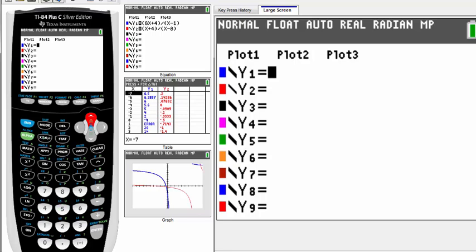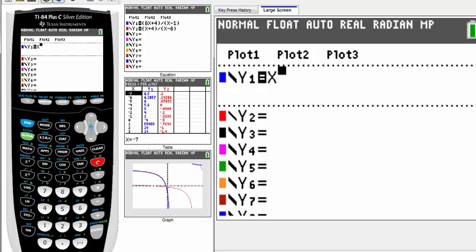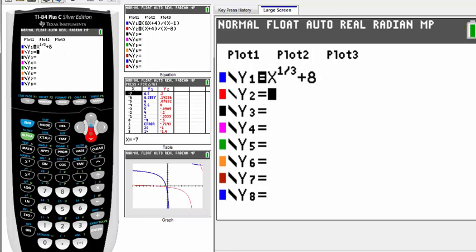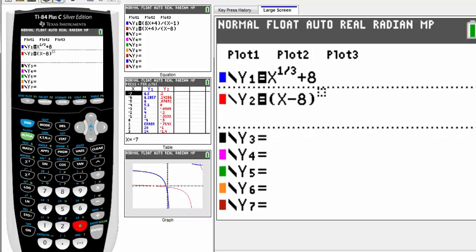So that would be x to the 1/3. And make sure you have your exponent in parentheses if you don't have your exponent key. And that's plus 8. And then my other function that we just found for my inverse was x minus 8, which has to be in parentheses, to the 3rd power.